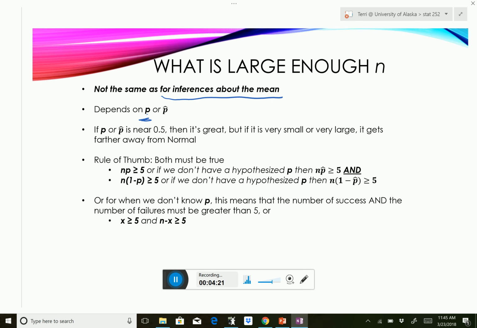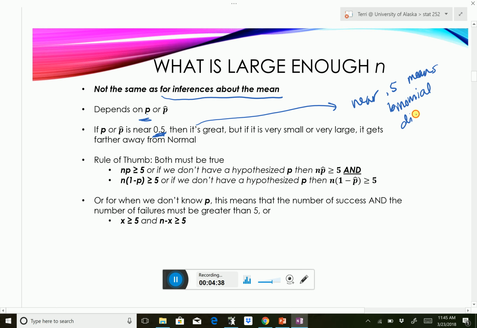If our p or p hat is near 0.5, then my binomial distribution is nearly symmetrical, so we don't have to worry quite as much about what n is.